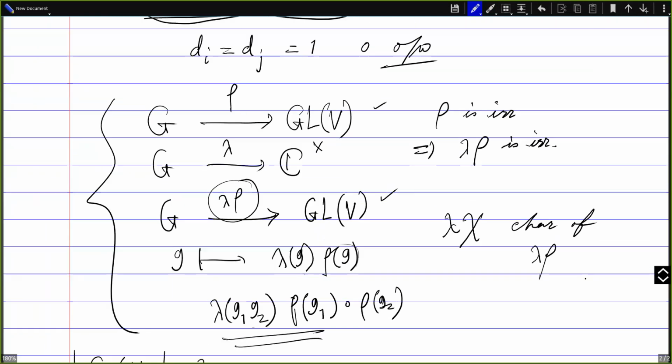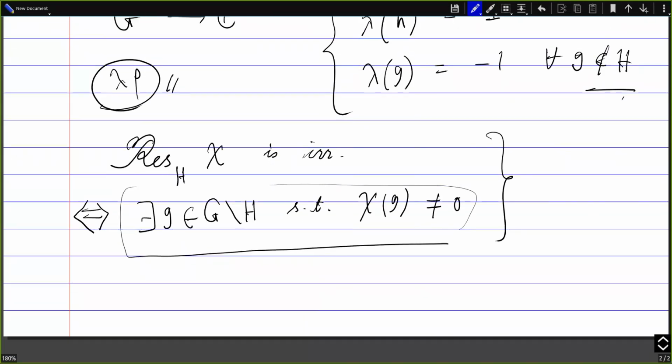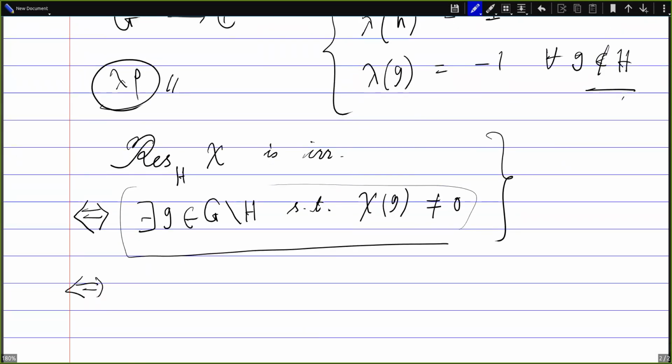Now let's see that for that g for which this happens, what is the value of lambda chi at the point g? Lambda chi at the point g is simply lambda g times chi g. Since g is outside H, it has to be minus chi g.